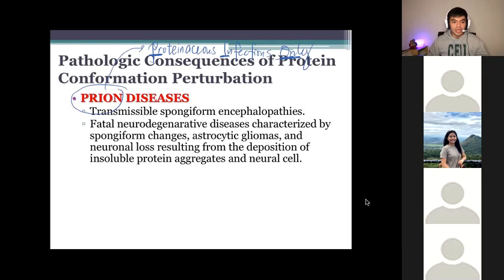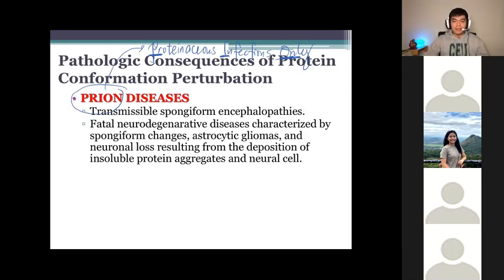Para siyang abbreviation. So regarding prion diseases, these are transmissible spongiform encephalopathies wherein the primary target is the brain. Kaya nga encephalopathy ang tawag. So this is actually fatal. Now, may mga variations tayo sa tawag sa mga prion diseases depending on the organism being affected.